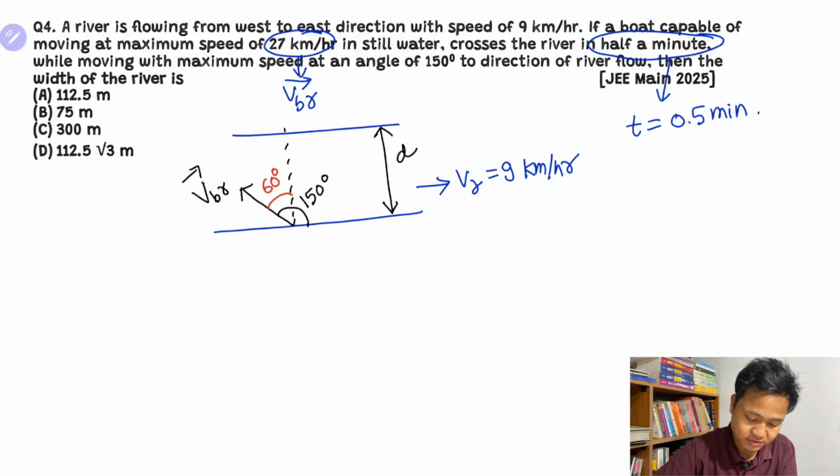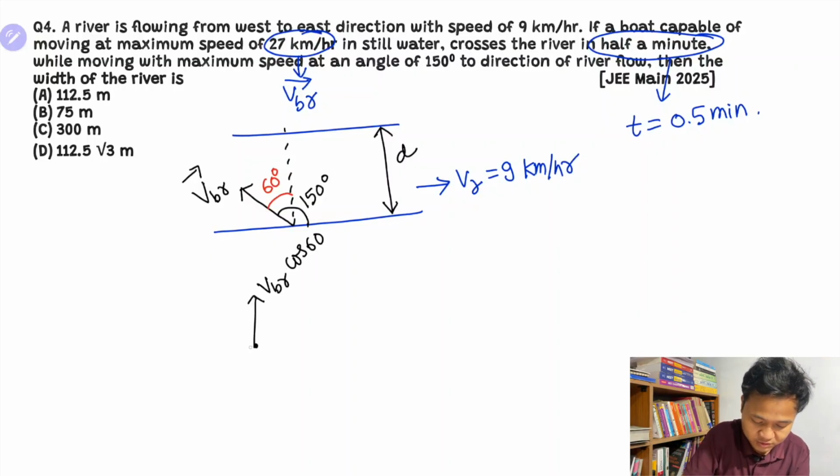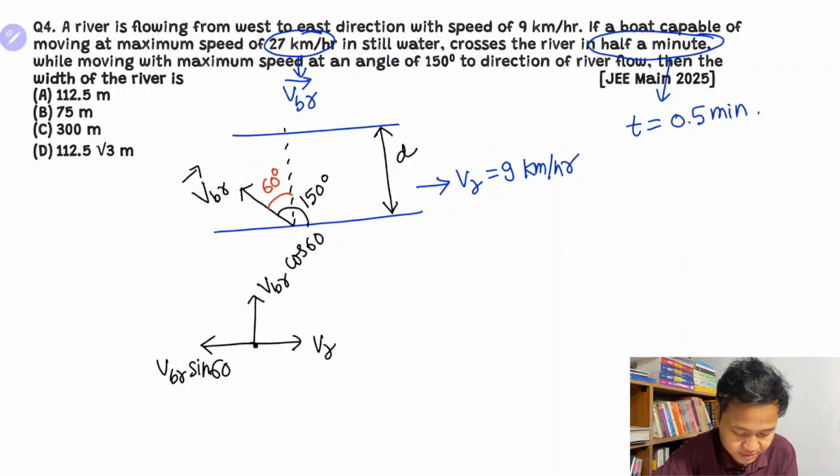Now I think you can split that VBR. Along this side I have VBR cos 60, and along this side I have VBR sine 60. This side I have VR, the velocity of river. Who is responsible for the vertical motion?